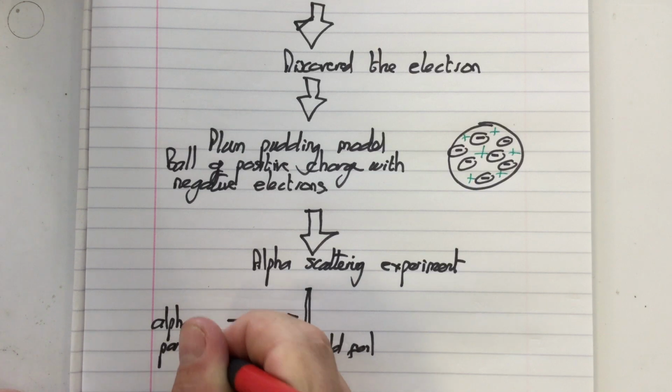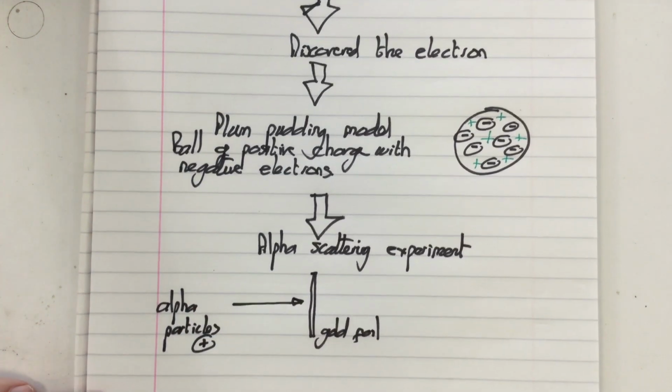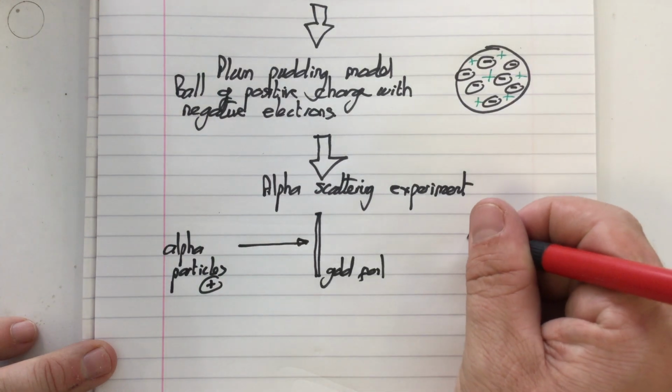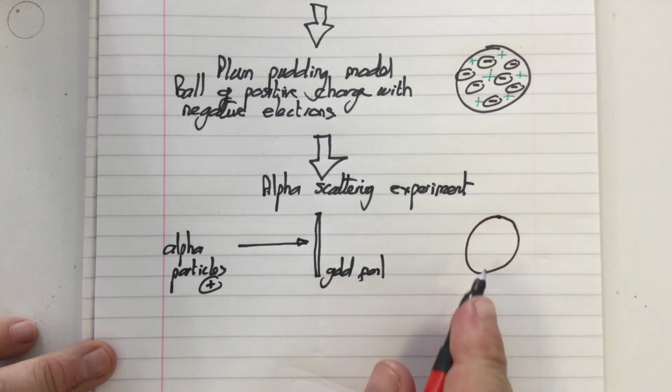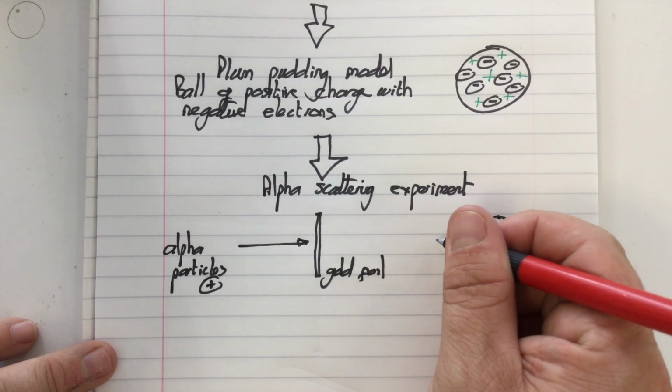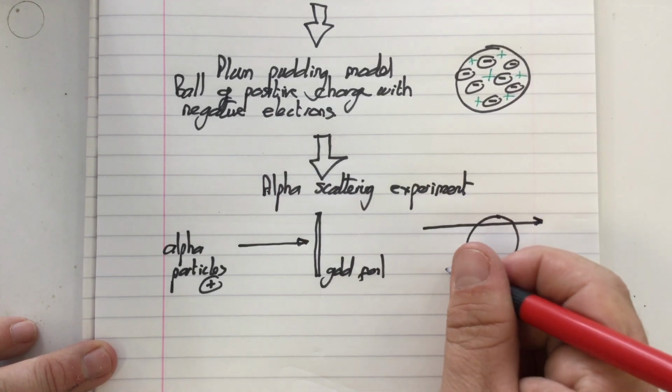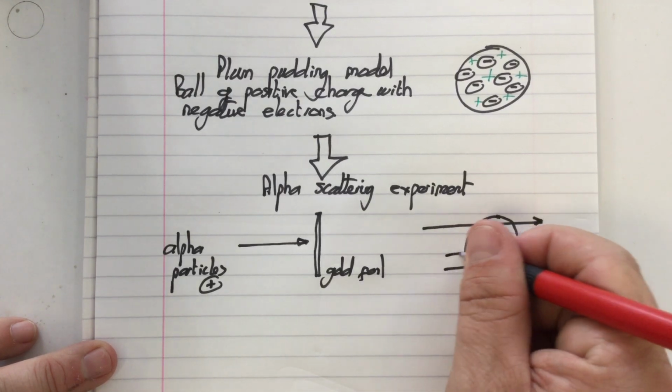Alpha particles have a positive charge. If we imagine the gold foil to be made of lots of atoms, he's firing the alpha particles at these atoms, and most of them went straight through.